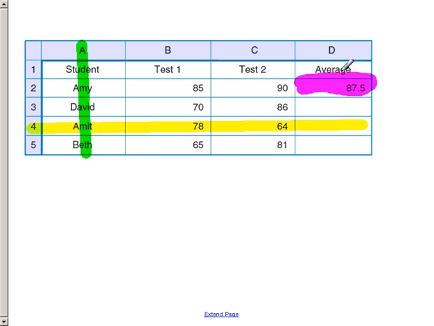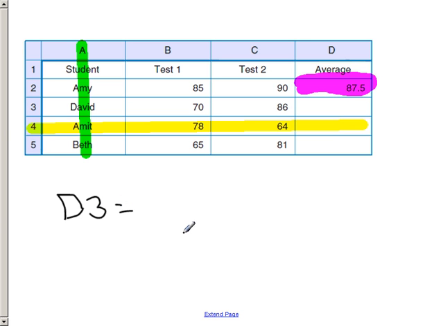D1 has the average, so it tells me that I'm finding the average of students' scores. Column B, row 1, B1 has test 1, C1 has test 2. So these students have had 2 tests, and I want to find out David's average. So I want to find what number I will put in D3. So D3 is what I'm solving for.